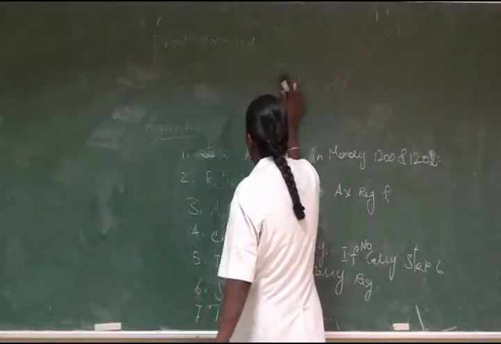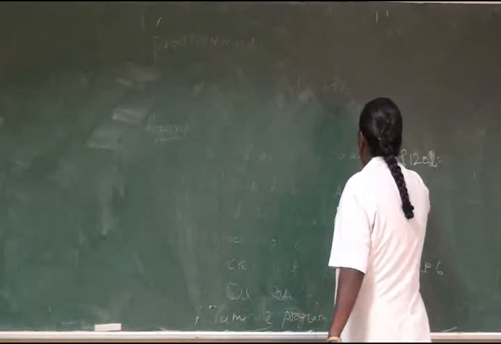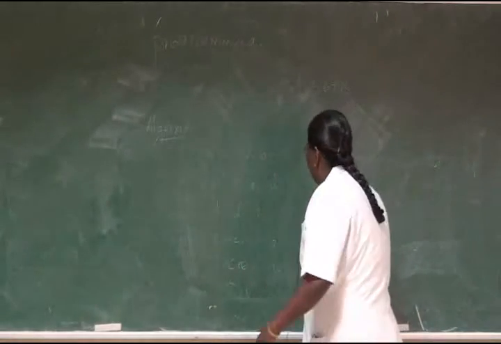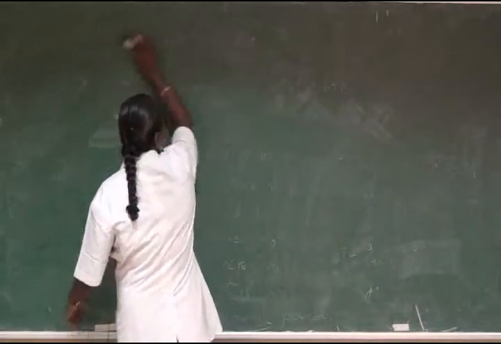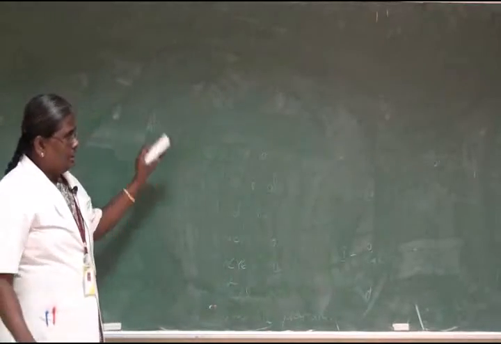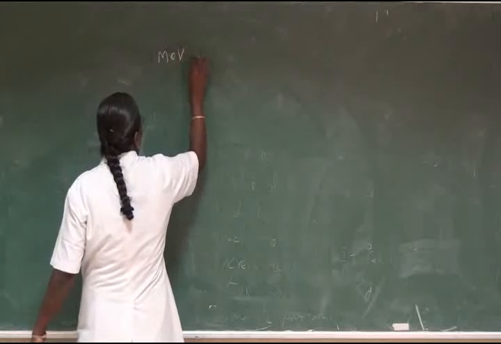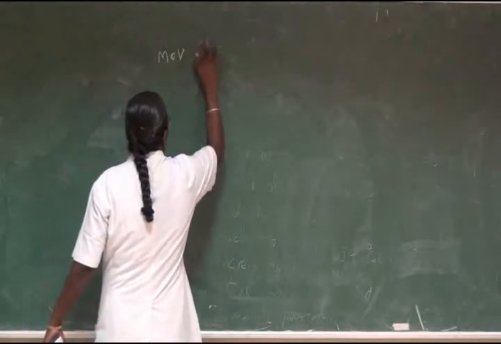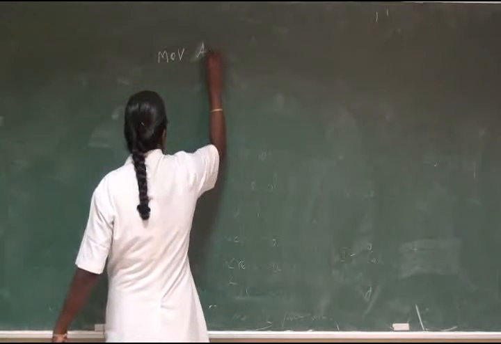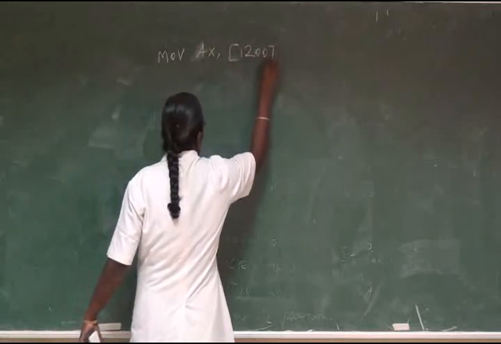So we have to write the program according to the algorithm. In the algorithm we said that the data should be stored in the memory locations 1200 and 1202. So we have to write MOV AX, 1200.